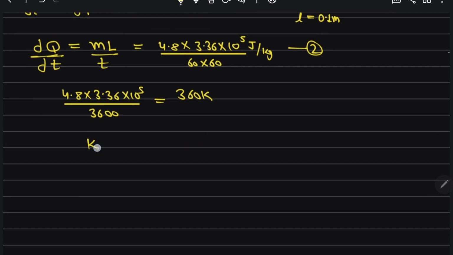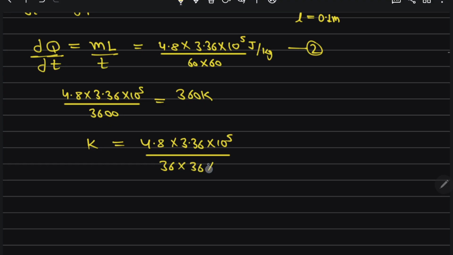So K comes out to be 4.8 into 3.36 into 10 to the power 5 divided by 3600 into 360.